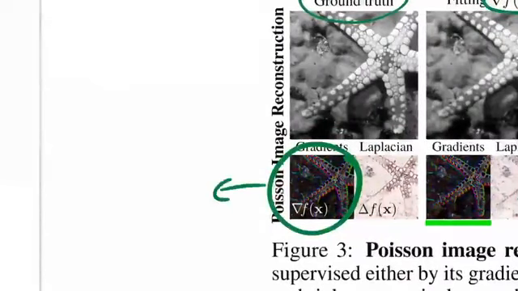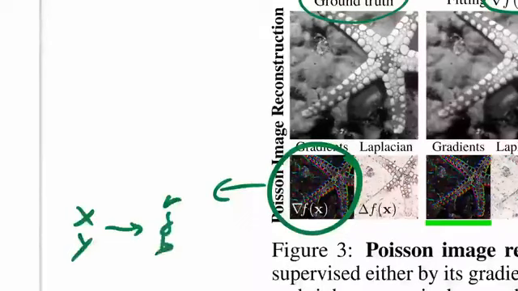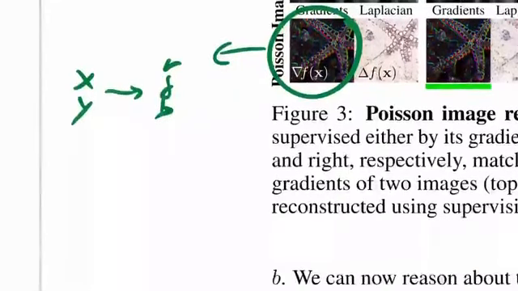The siren is now, it maps x and y to RGB, but our loss function isn't going to be mapping x and y to RGB. Our loss function is going to depend on the gradient of that.